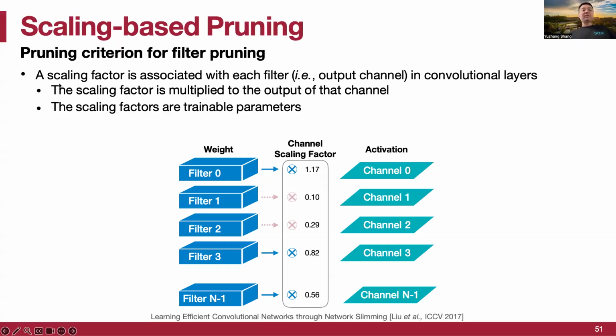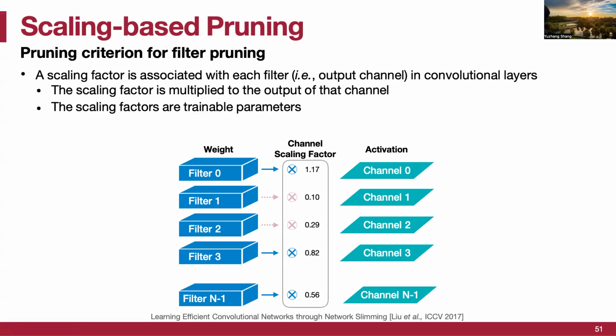The high-level idea is to introduce a scaling factor associated with each filter in the convolutional layers. The scaling factor is multiplied to the output of these channels, and the scaling factors are trainable parameters.